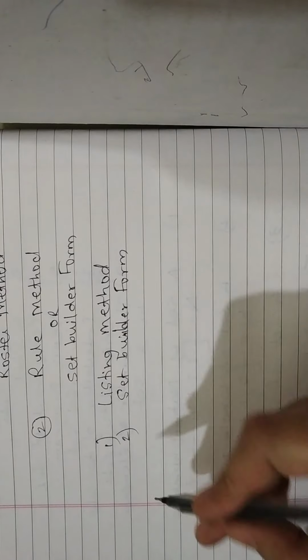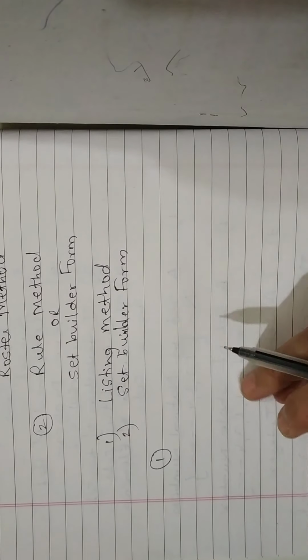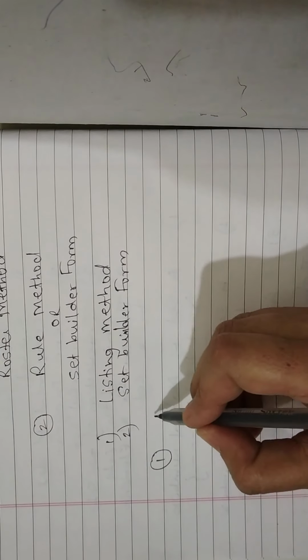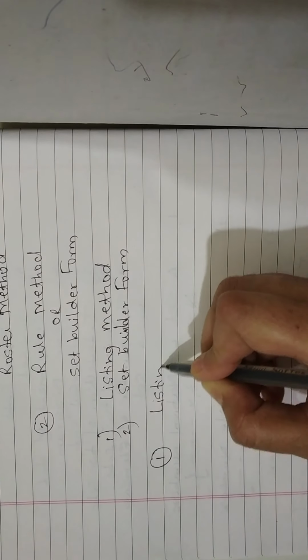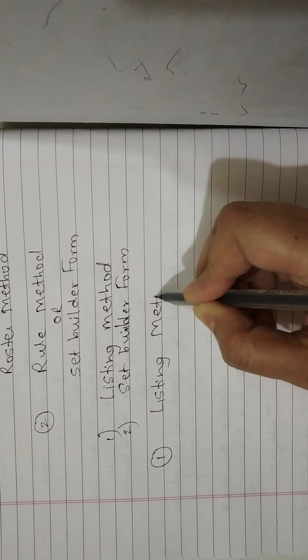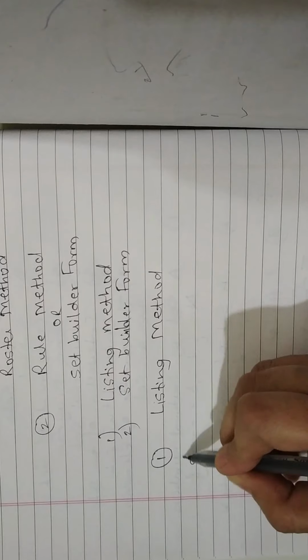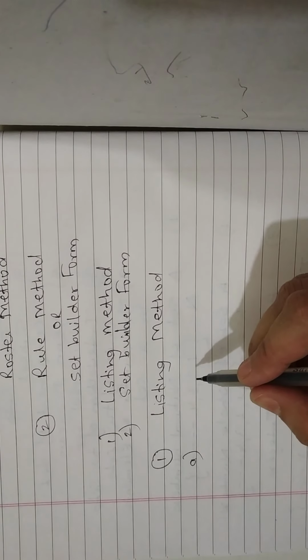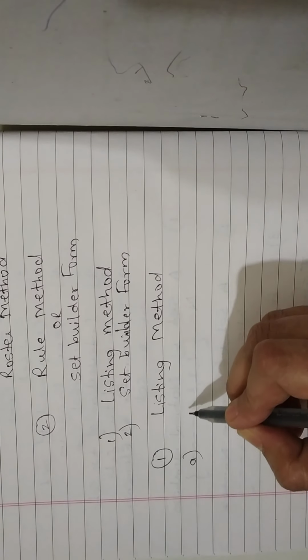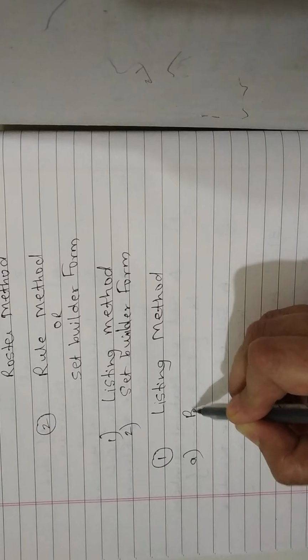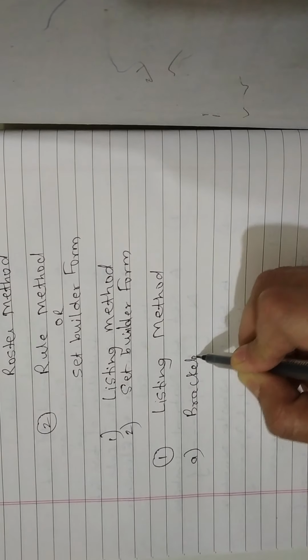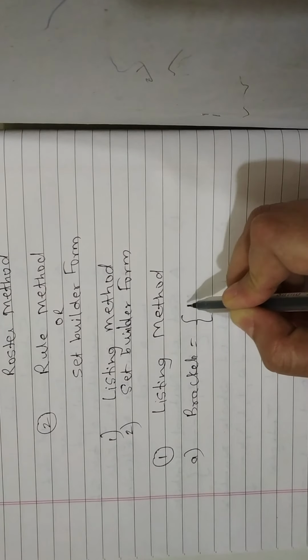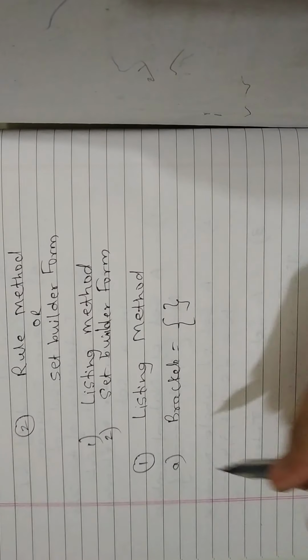So what is listing method? We'll see. Conditions for listing method. In this method, all the elements of a set are enclosed with curly brackets. That means brackets should be like this. This is compulsory.